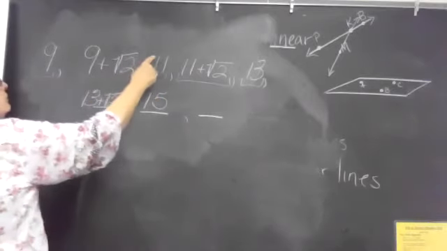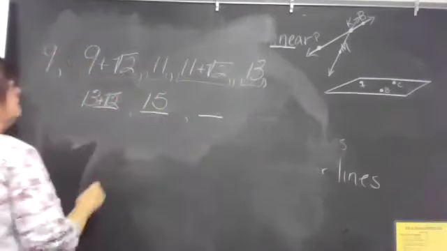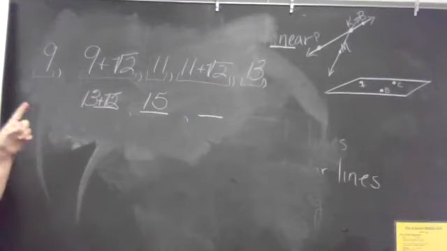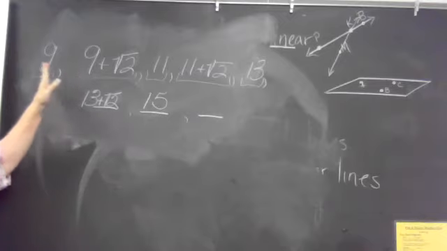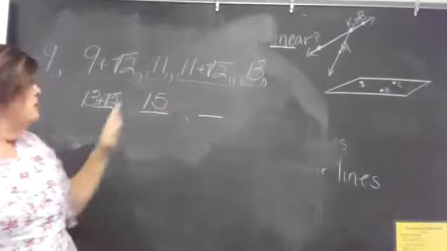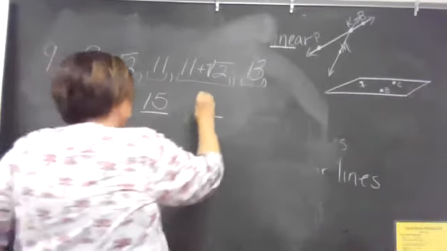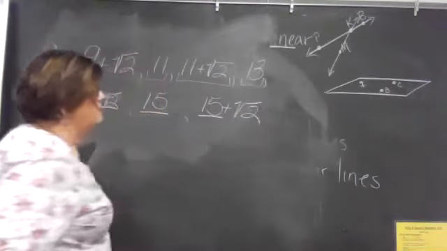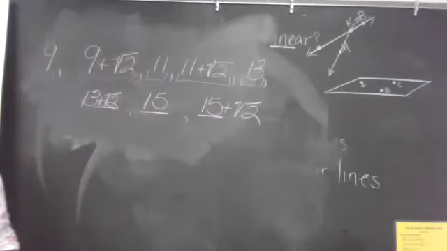Because we went 2 and 2 and 2. And what's the next one? 17 square root of 2. Try again. 18. 15 plus the square root of 2. Because here's the 9 and the 9. 11 and 11. 13 and the 13. 15 and the 15. See, as you go through this packet, it's going to take a little bit more thinking, but again, it's not impossible, right?